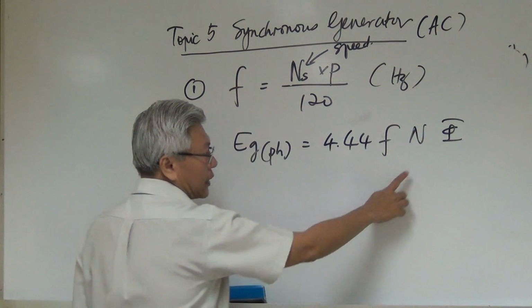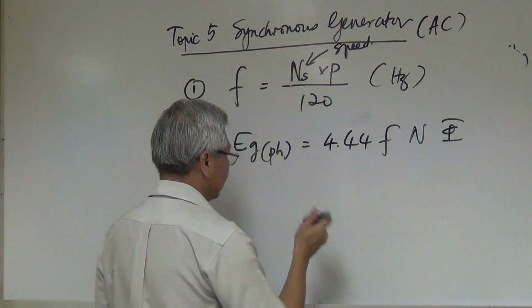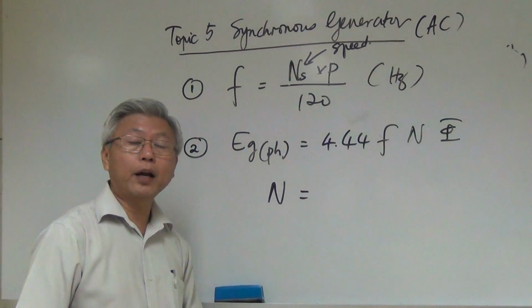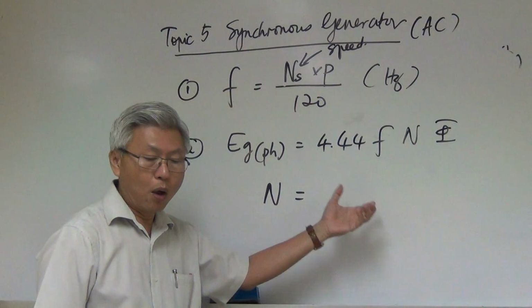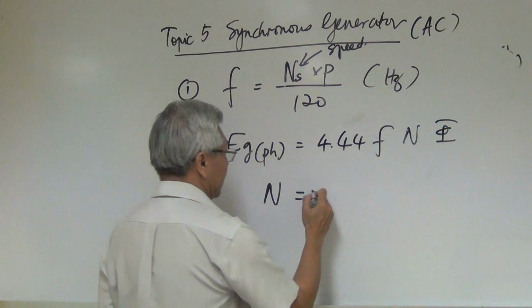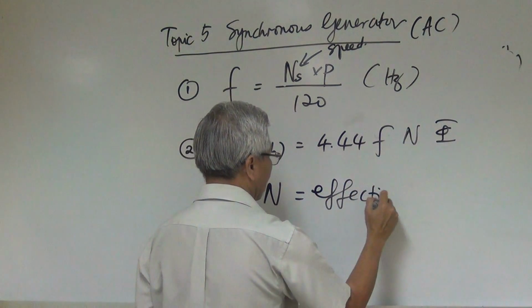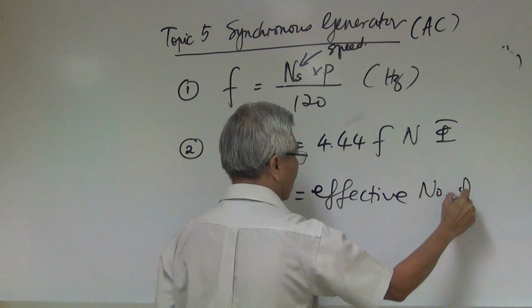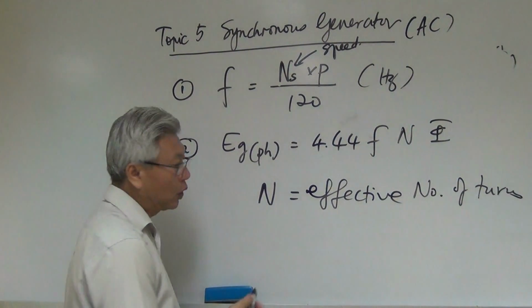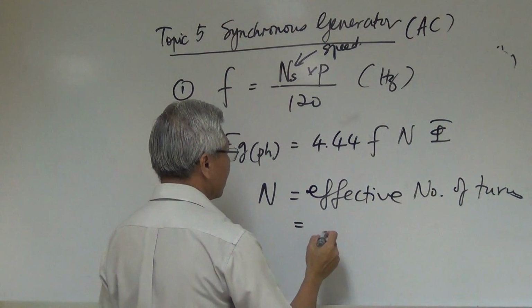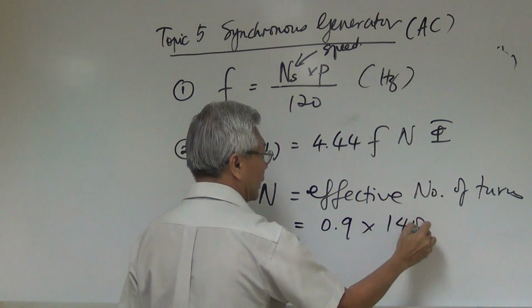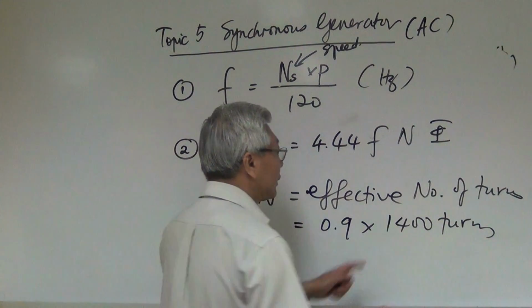Now the only thing that is different is this turn. In a transformer, if you were to say it's 1400 turns, you just plug in 1400. But in a synchronous generator, it is called the effective number of turns. So if the winding factor is equal to 0.9, for example, and the number of turns is 1400, then you cannot just use 1400.